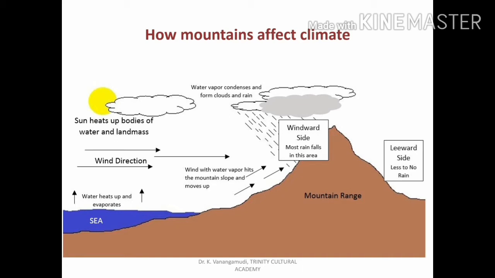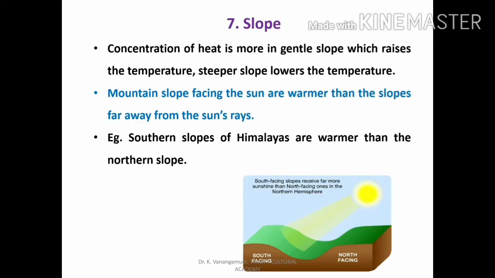The rainfall is received on the windward side in larger quantity when compared to the leeward side, which gets less or no rainfall. We can see how the slope affects the climate.